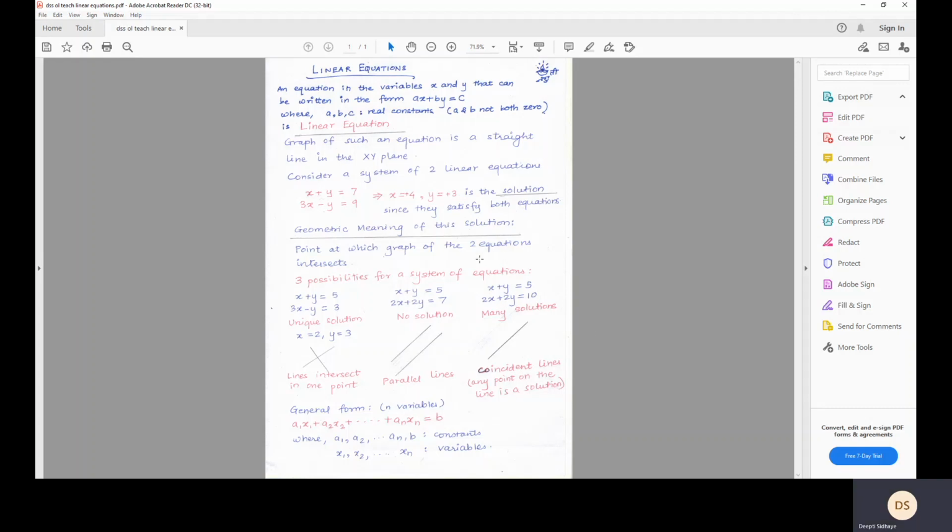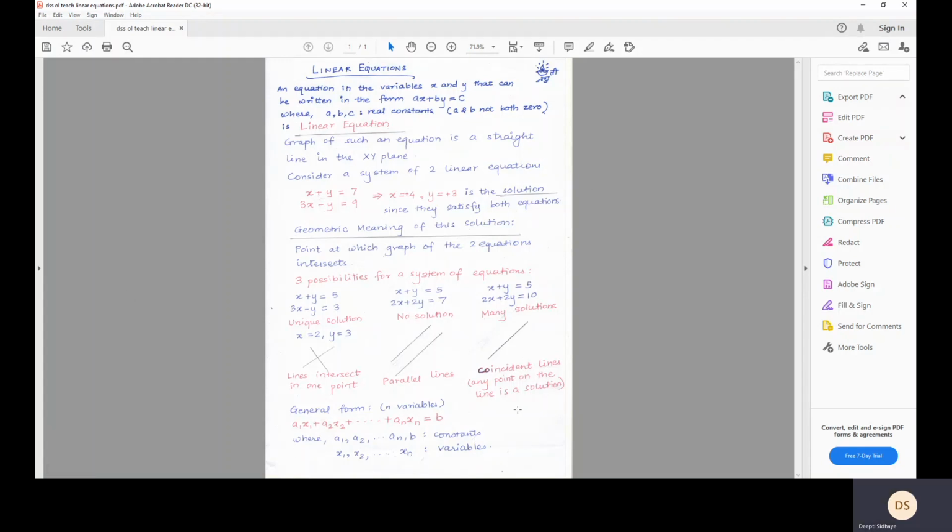And the third case is both the lines are coincident. That means each and every point could be called as a point of intersection of both the lines, and hence this line has many solutions. So these are the three cases.